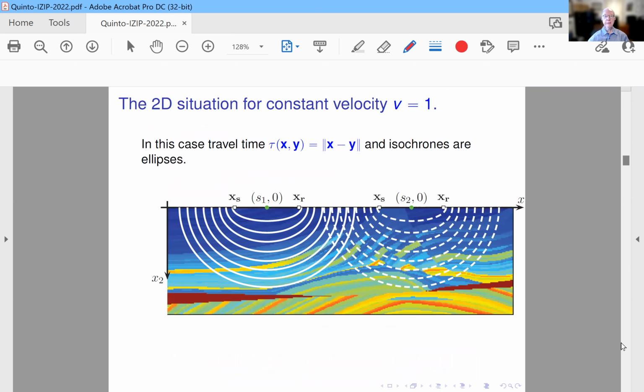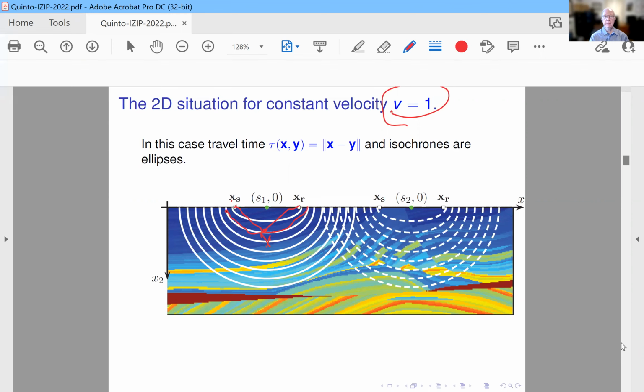Okay. For the first part of the talk, we'll talk about constant wave speed, and like all mathematicians, we'll simplify, say the velocity is 1. And so the travel time between any 2 points is just the distance between them. And then the isochrones are ellipses, because if we take a value of t and the sum of the distance from xs to x plus the distance from x to xr, that sum being constant, that describes the isochrones.